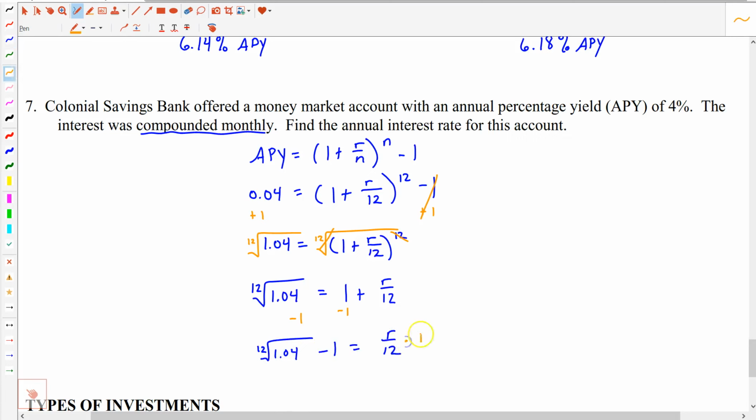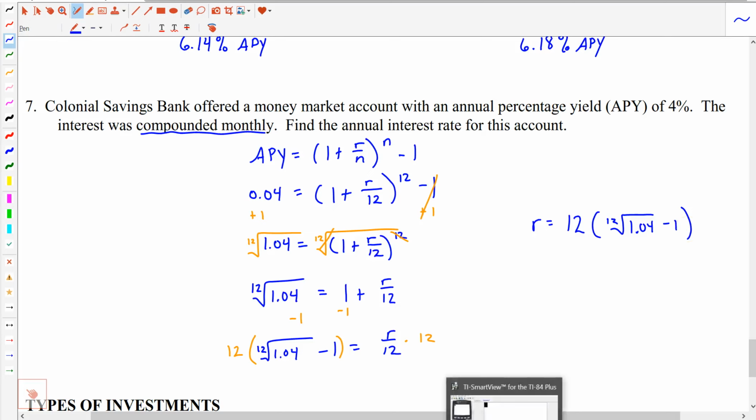And then finally I'm going to undo dividing by 12 by multiplying by 12. On this side, because I have more than one term, I need to multiply this entire side by 12. So ultimately r is going to be equal to 12 times (the 12th root of 1.04 minus 1). So this is what I would want to key into my calculator.